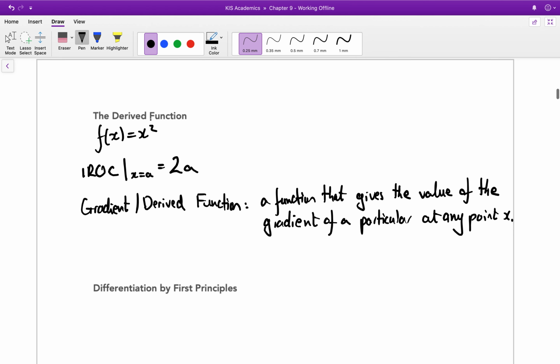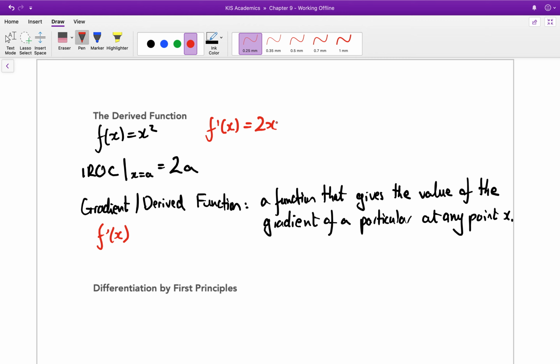So in this case here, our original function is f of x equals x squared, and we know that the gradient function, which we use f dash of x to denote, is equal to 2x, because we've found the instantaneous rate of change for any x value.